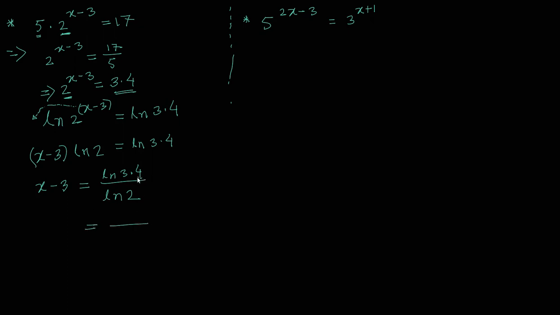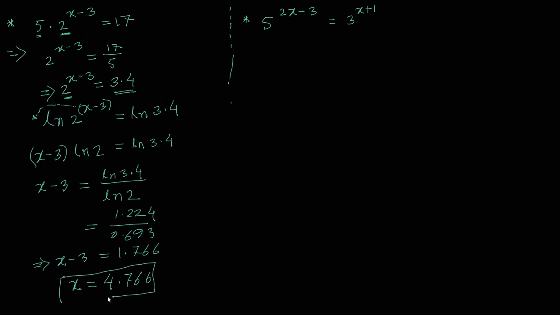Natural logarithm 3.4 is going to be 1.224 and natural logarithm 2 is 0.693. If I divide, I get 1.766. So x minus 3 equals 1.766, so x will be basically 4.766. All right, so this is the solution for this particular problem.